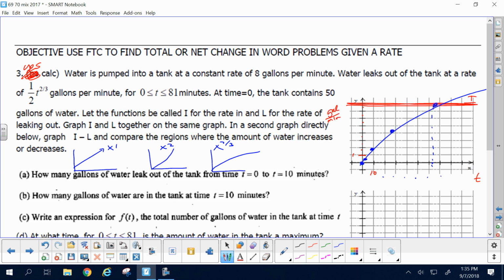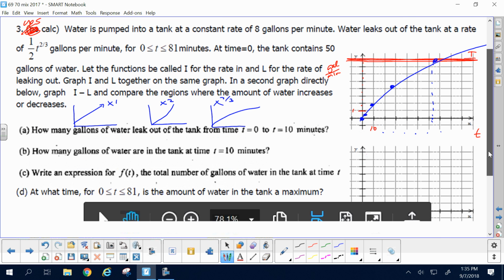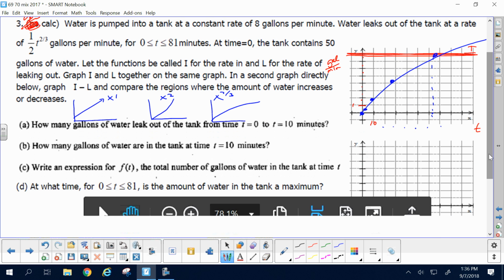All right, now rather than show the rates separately, my goal is that you show a net rate here, a combination rate, in minus out. For obvious reasons, I didn't use O for out, I used L for leave. What's the net rate at time 0? 8.